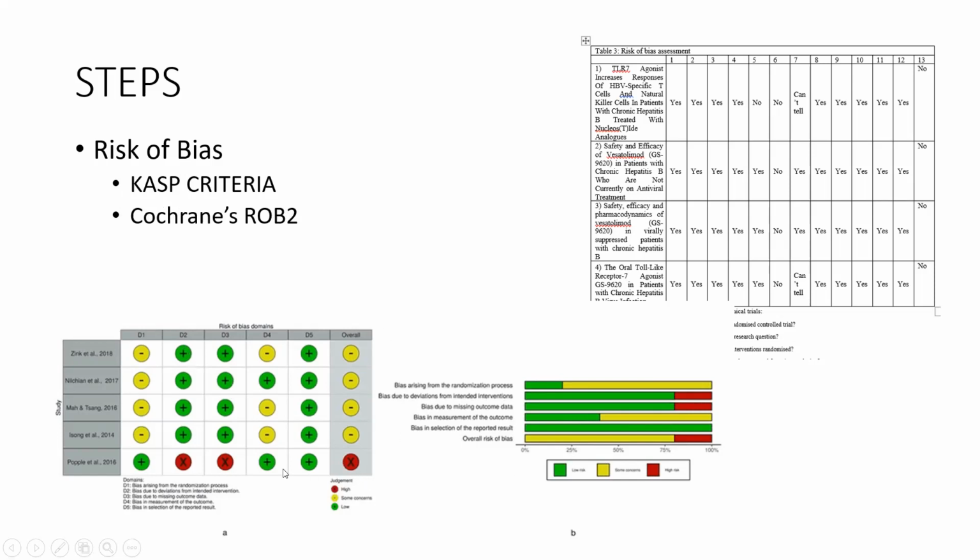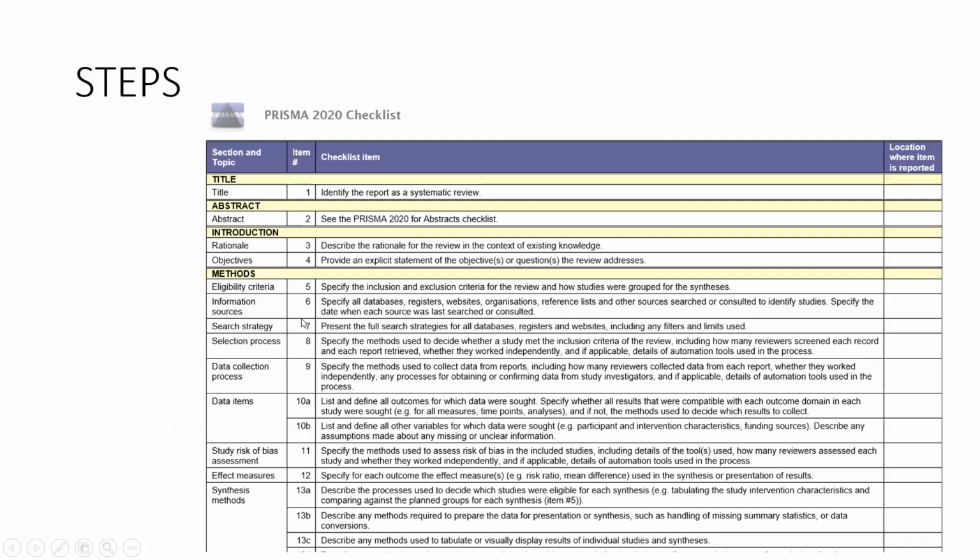I think this is way nicer than this table. This table was built upon the CASP criteria, and this one was built upon the Cochrane's RoB 2 criteria. At the end, they're both assessing risk of bias, but the CASP criteria is usually easier to do. But it depends on how much time you have, and based on the time that you have, you can choose which one of the two to go with.